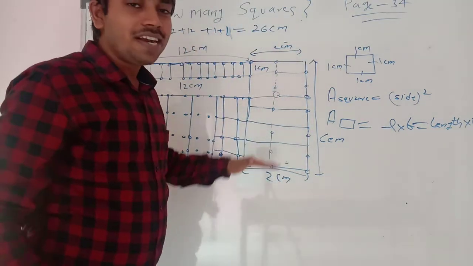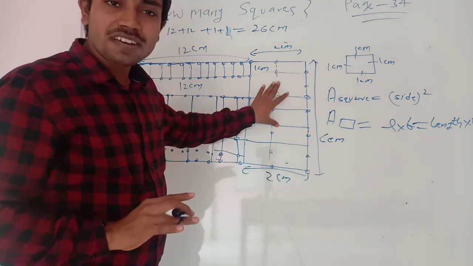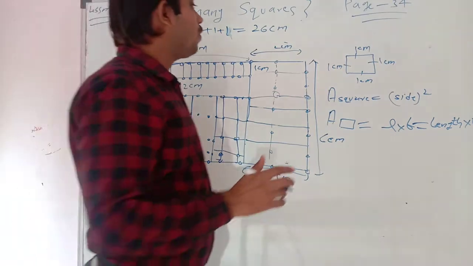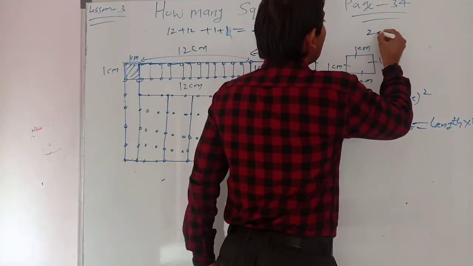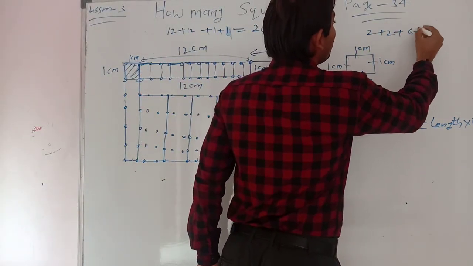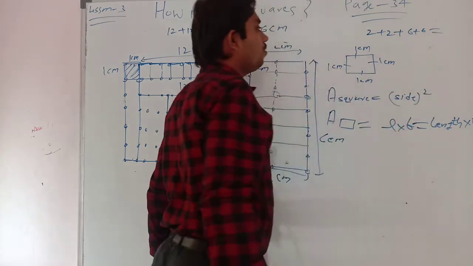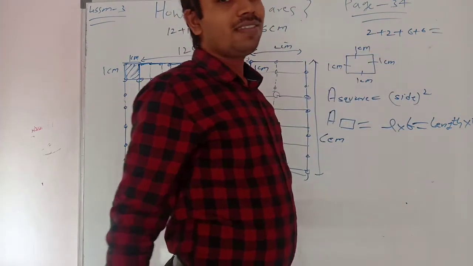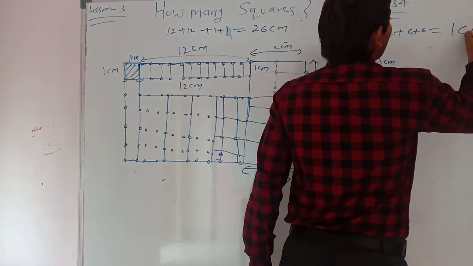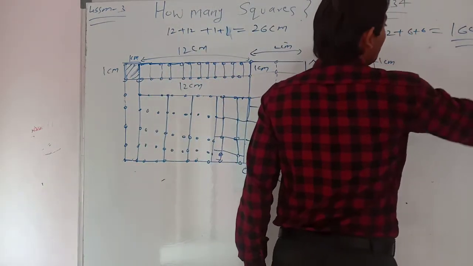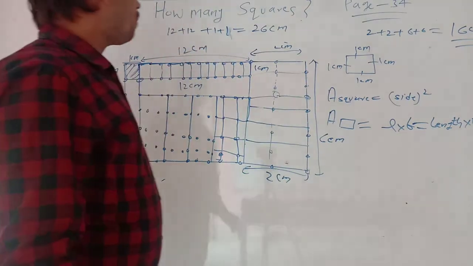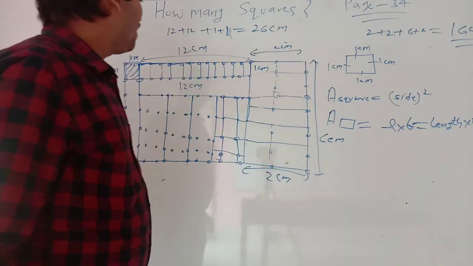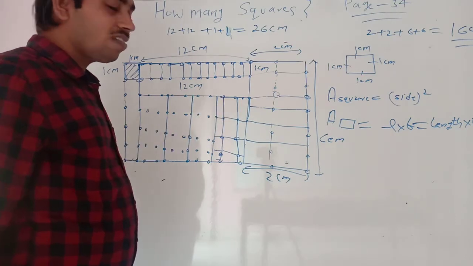So now let me add all the sides of this rectangle. 2 plus 2 plus 6 plus 6. So what will come, my dear students? 2 plus 2, 6 plus 6, is coming out 4 plus 6, 10, 10 plus 6, 16. So what we got? 16 centimeter, my dear students. So the perimeter for this rectangle is 16 centimeter.